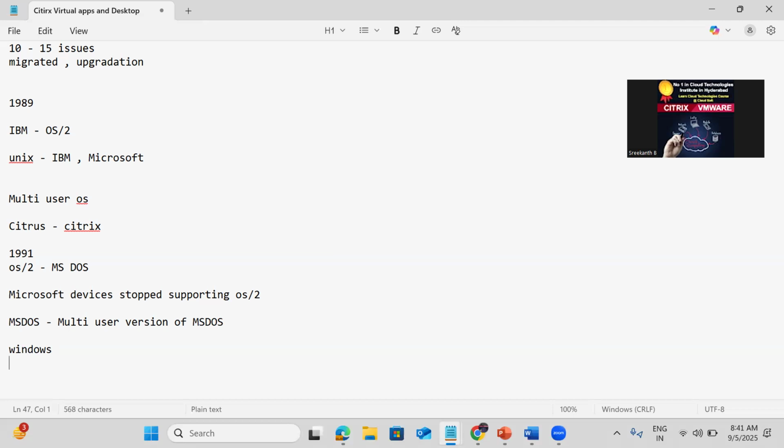So initially Citrix itself gained expertise in making multi-user versions. Citrix struggled a lot in the early stages. Even they moved from Texas to Florida, so today their headquarters is in Florida itself.